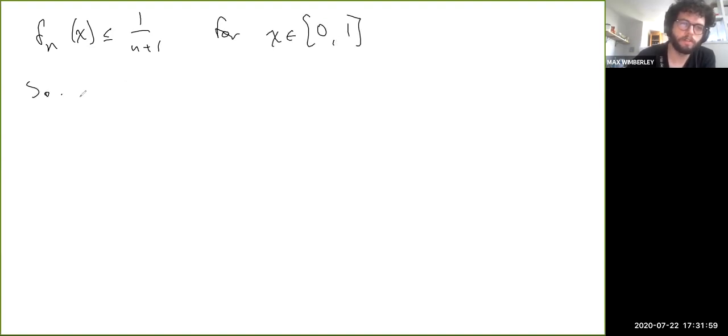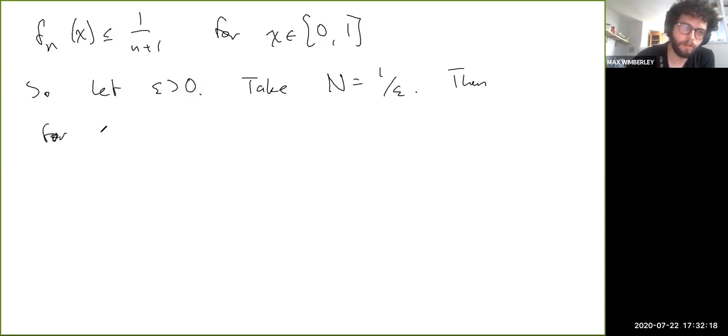So to formally go through the motions of showing that it's uniformly convergent, you can say, okay, let epsilon be greater than 0, take N equal to 1 over epsilon, then for n greater than N, we have 1 over n is less than epsilon.